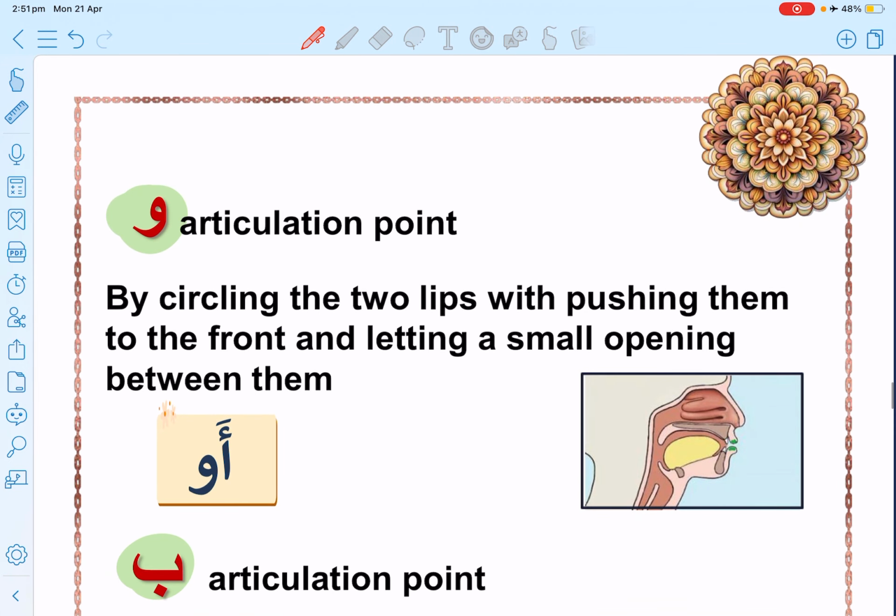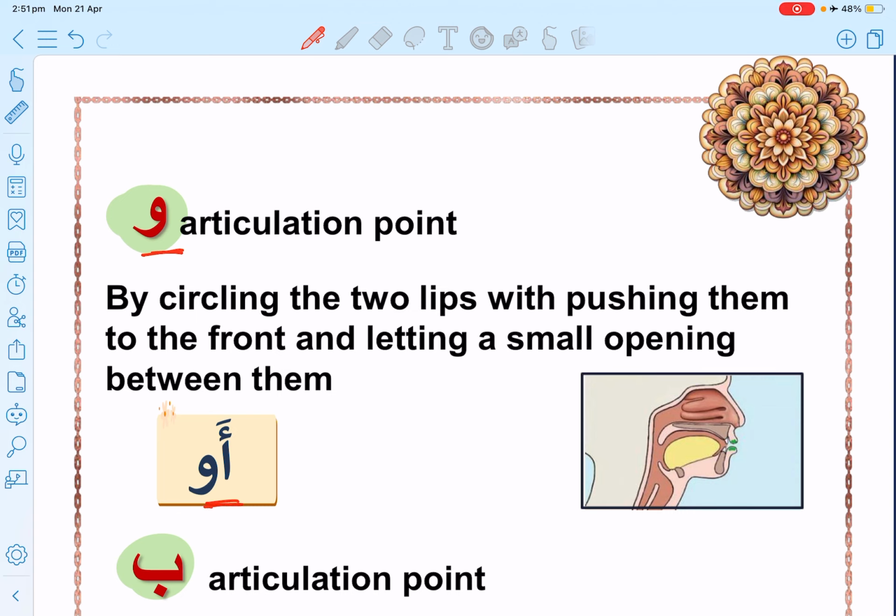Let's move to the واو articulation point. This one here is not واو مادية as I mentioned before. It's a non-extendable واو, it could be واو لينة.